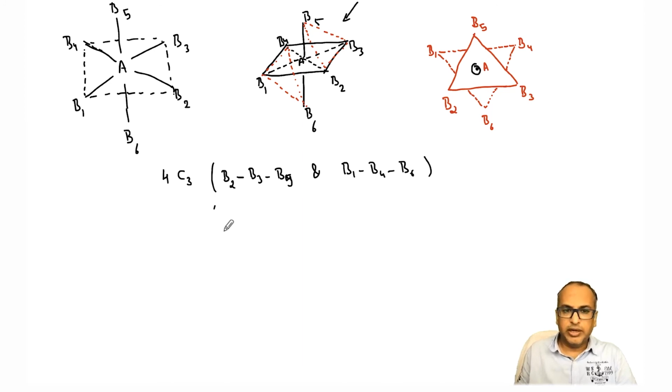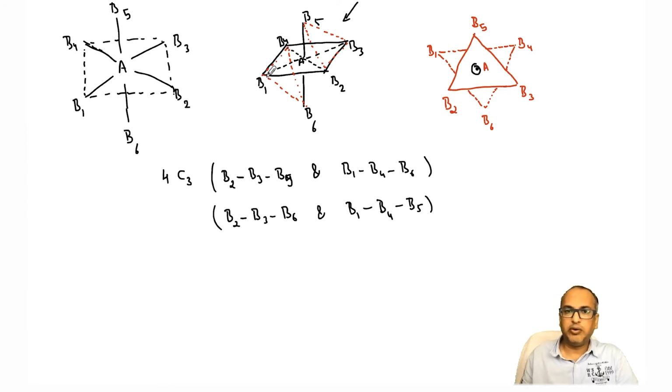What are the other triangles which can be formed here? The other triangle is B2, B3, B6. Instead of top, we can now go to the bottom, and the second face thus will be B1, B4, B5. So these are the two on this side.